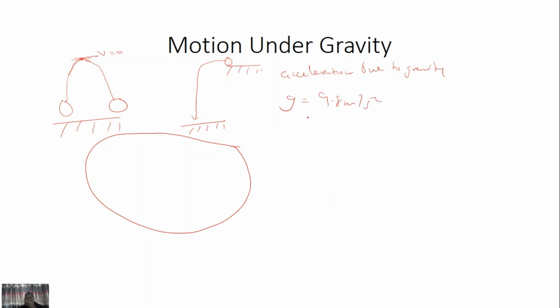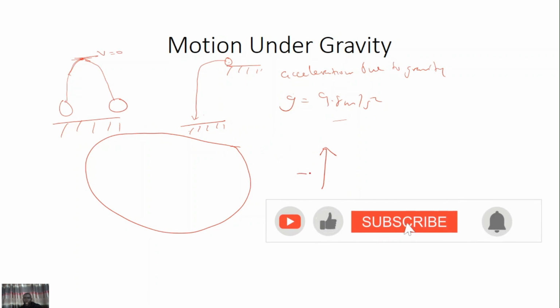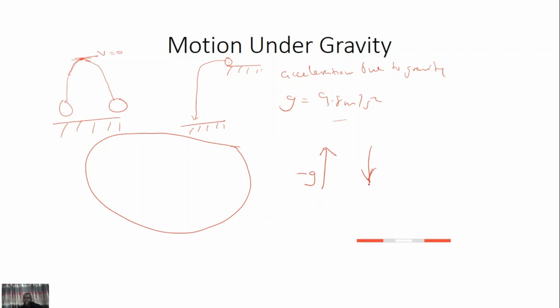Okay, so this is the acceleration due to gravity, and it is due to gravitational force. Take note of that. So when the body is moving up, the g is usually minus, okay, and when the body is coming down under free fall, the g is usually plus. So when you are using acceleration due to gravity in your calculation, take note of this.